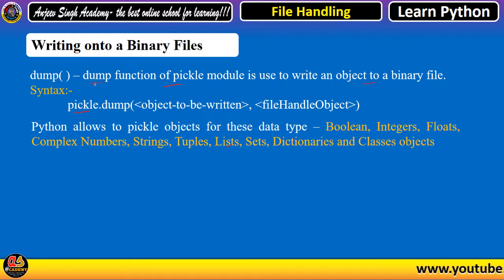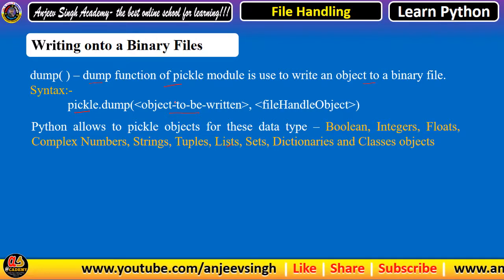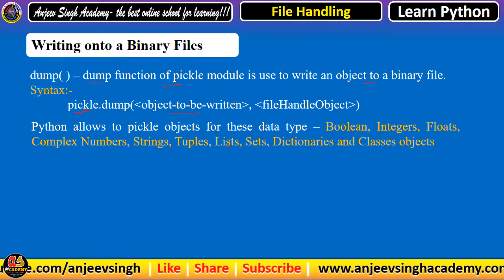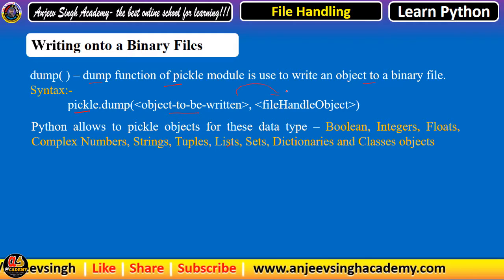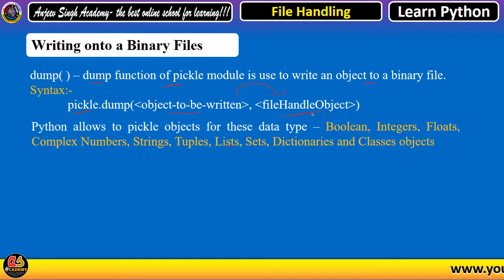As I told you, this is called pickling. The dump function will convert the object which you want to write into a byte stream, and then write that byte stream to the file handle object. This file handle object refers to the file.